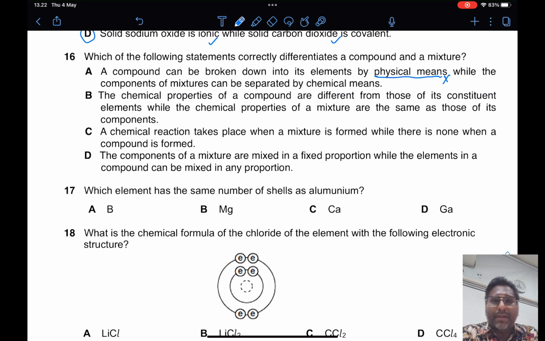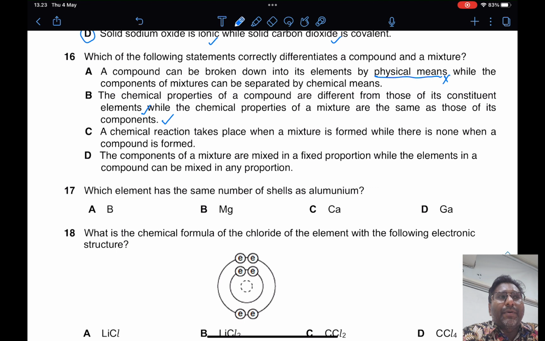Only a mixture can be separated using physical means. So statement A is wrong. The chemical properties of a compound are different from its constituent elements, while the chemical properties of mixtures are the same as those of its components. This is correct.